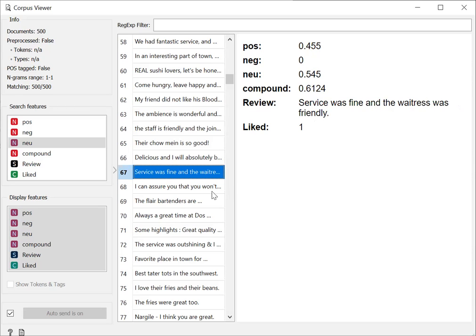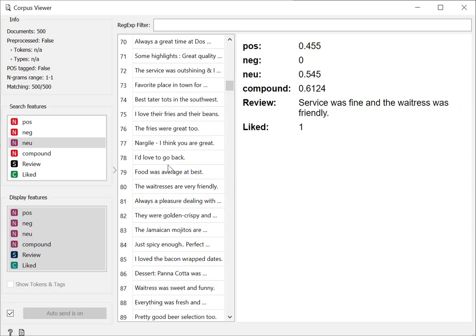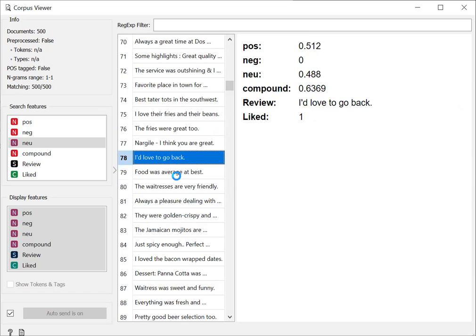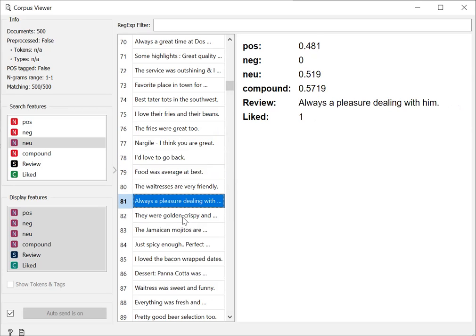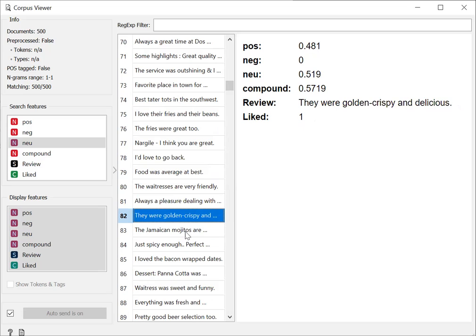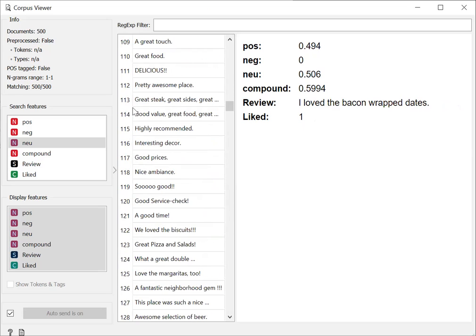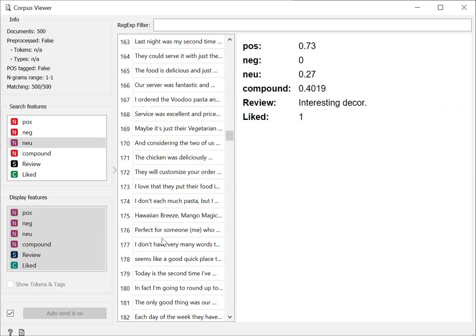Service was fine and the waitress was friendly. I would love to go back. Food was average at best. Okay, this is not really positive, but this is something that Orange didn't do right. However, the majority are correct. As you can see here, places a good time, good prices, interesting decor.